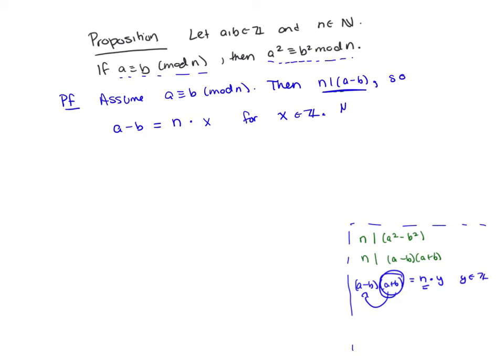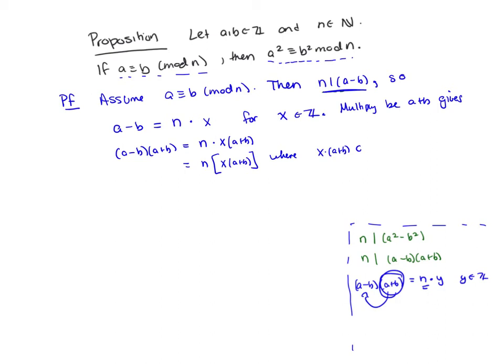So we can multiply by this a plus b, and that gives us that a minus b times a plus b is equal to n times x times a plus b, where that x times a plus b is an integer.